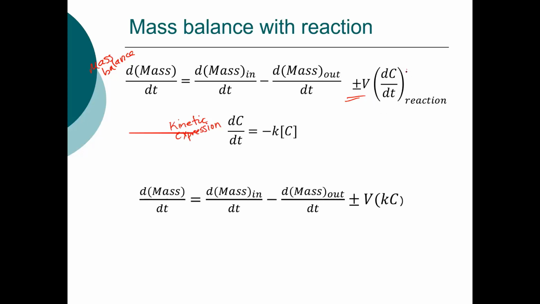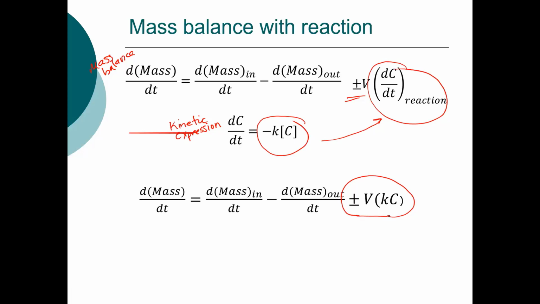We replace this term here with this expression, and we end up with a term V times Kc. So it's the volume times the first order rate constant times the concentration. And this here is going to be the concentration in the reactor.